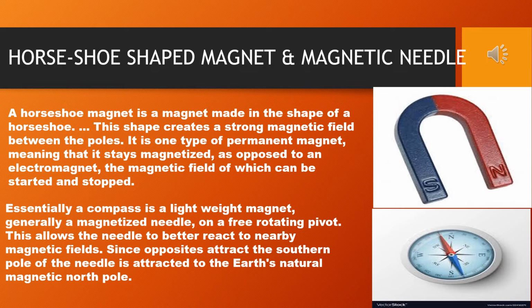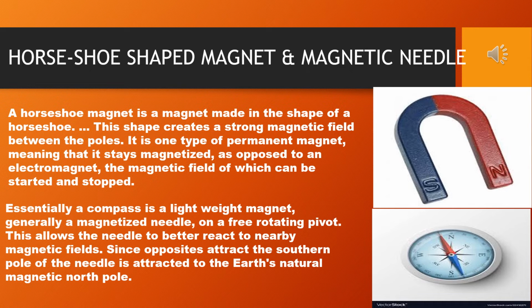So horseshoe-shaped magnet is a magnetized bar having the shape of a horseshoe or letter U. As the poles of the magnet are nearer to each other, their attractive power increases. But magnetic needle is a small and thin piece of needle shaped steel that is magnetized.